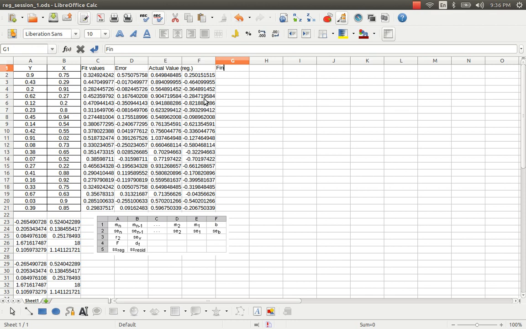I call it the final error, and this is going to be the error plus the actual error. So it is still not equal to 0.9.